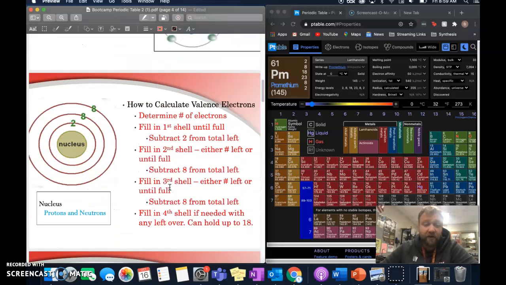So how do we calculate valence electrons? We calculate valence electrons by first figuring out how many electrons we have.